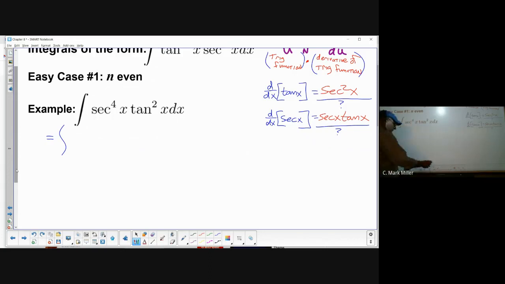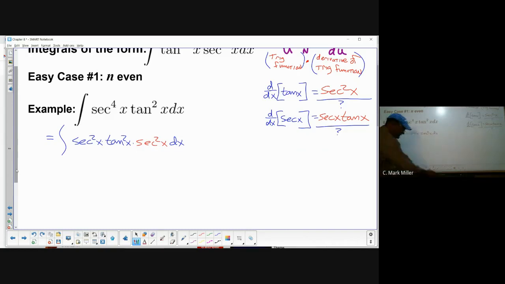So you're going to put a secant squared over here, dx. And what does that give you here? Secant squared x tangent squared x.